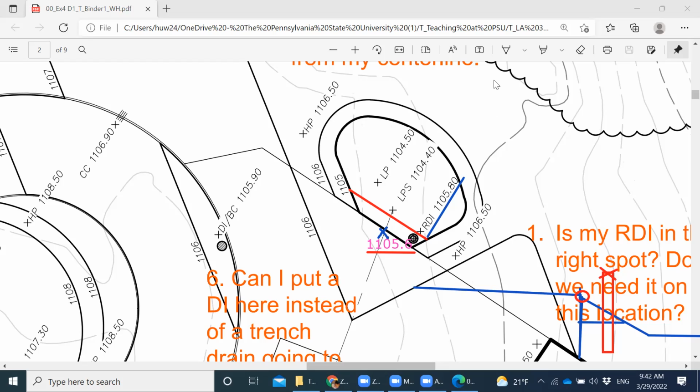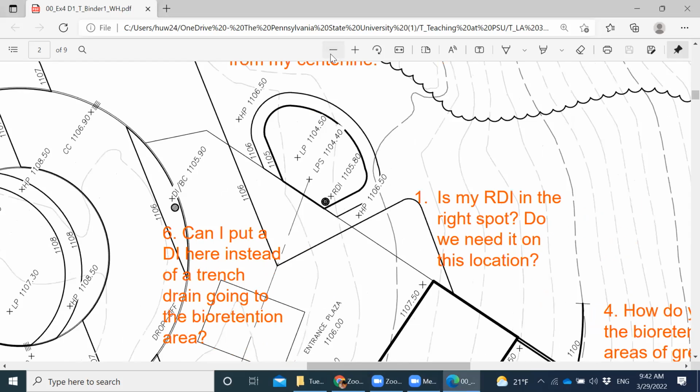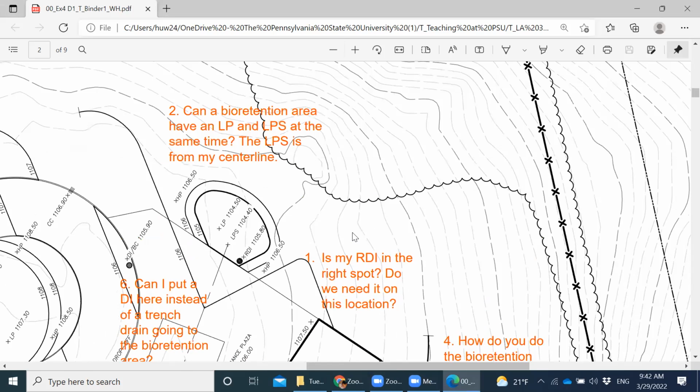Let me try to clear here, zoom out again, see the bigger map and see where your 1106 would be. 107, 106. This is 105.6. 105 is gone. Yeah, 105 kind of gets lost.